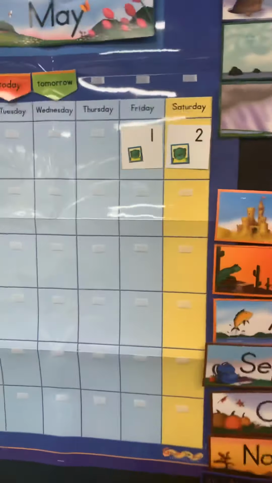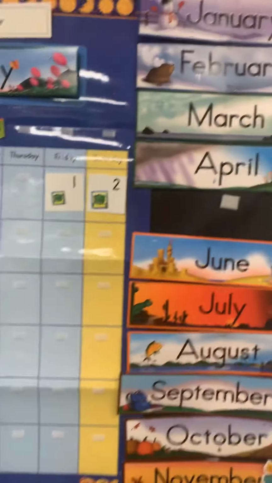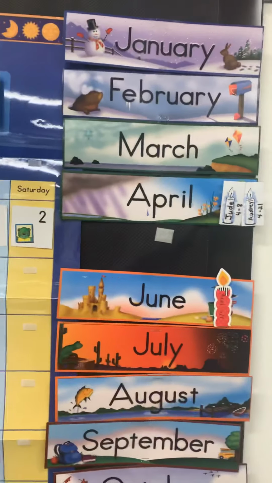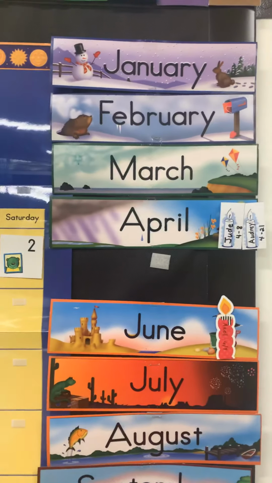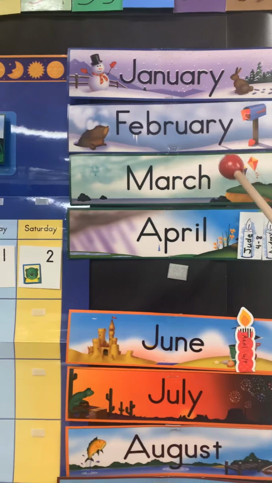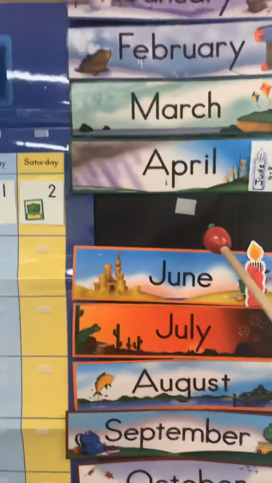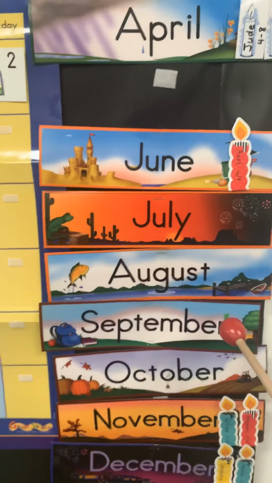Good job. I hope you said them all together. Let's do it really quickly together, and I'll say them with you, and let's do it speed style. Ready? January, February, March, April, May, June, July, August, September, October, November, December.